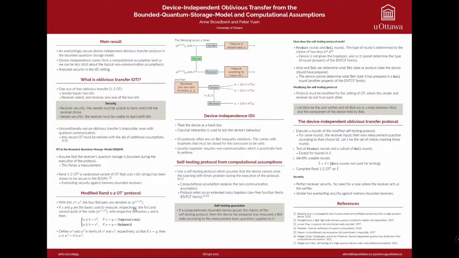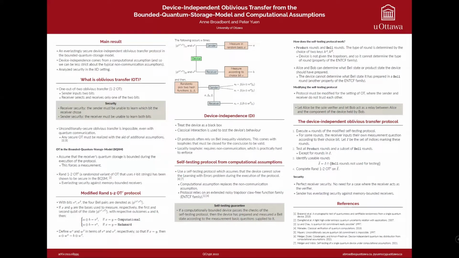And now look at this protocol here without the device independence. This protocol is very similar to the protocol found in this second reference here. The difference is that in this reference, they're using conjugate coding, sometimes known as BB84 states. In our case, we're going to be explicitly using the 4 Bell pairs.